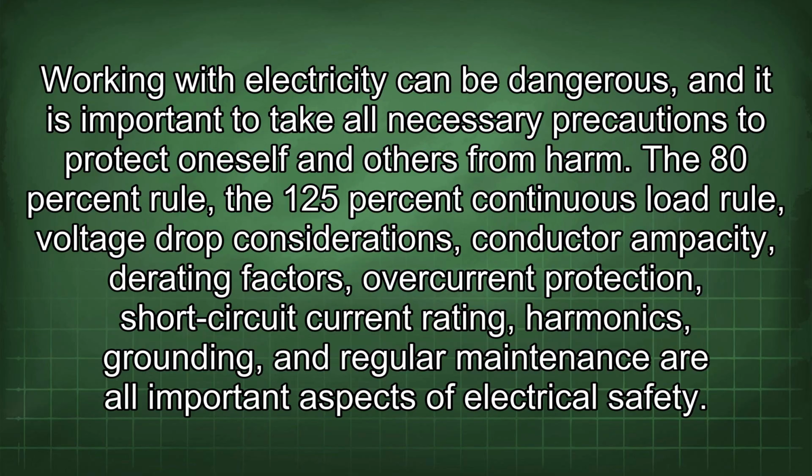The 80% rule, the 125% continuous load rule, voltage drop considerations, conductor ampacity, derating factors, overcurrent protection, short-circuit current rating, harmonics, grounding, and regular maintenance are all important aspects of electrical safety.